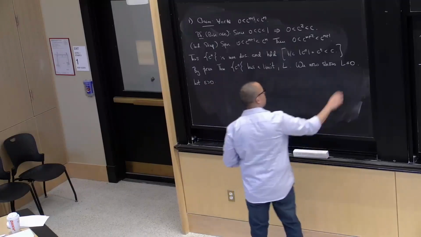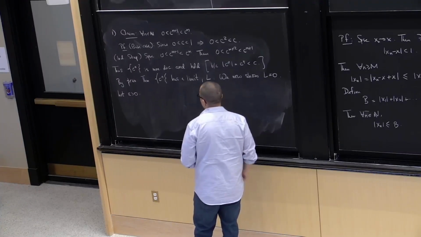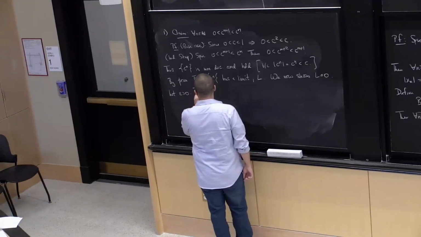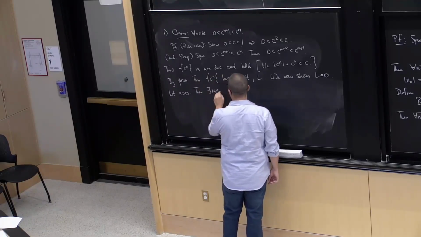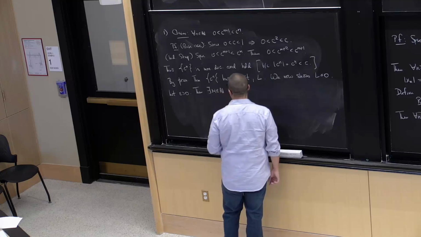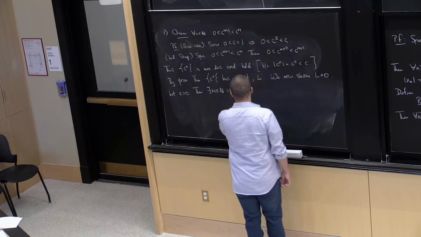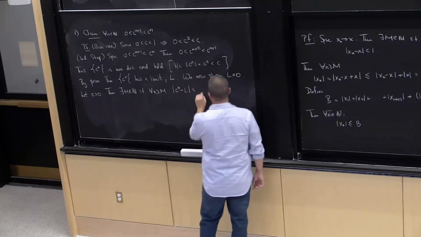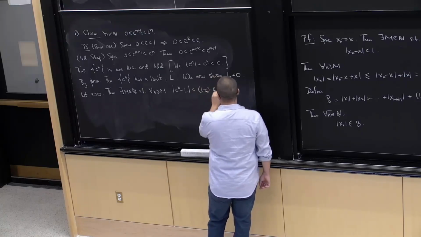Again, we're going to show that the absolute value of L, which is just a fixed number, is less than epsilon, and therefore capital L has to be 0. Then there exists, since this sequence converges, an M, a natural number, such that for all n bigger than or equal to capital M, the absolute value of c to the n minus L is less than 1 minus c times epsilon over 2.